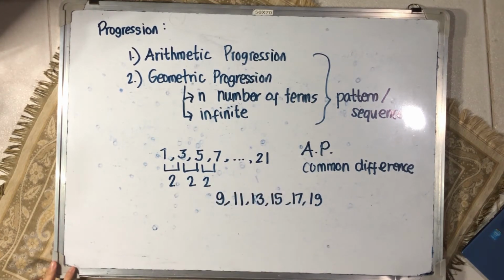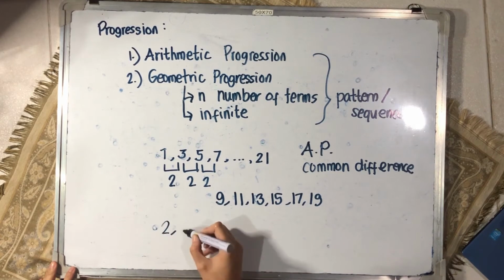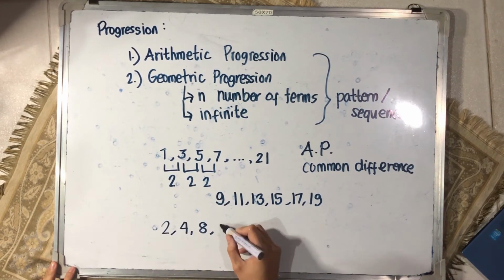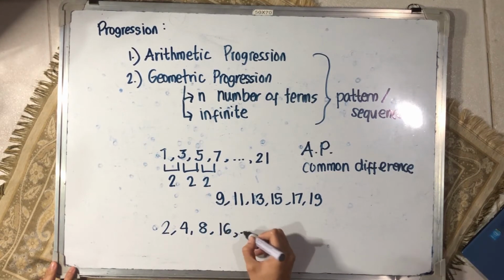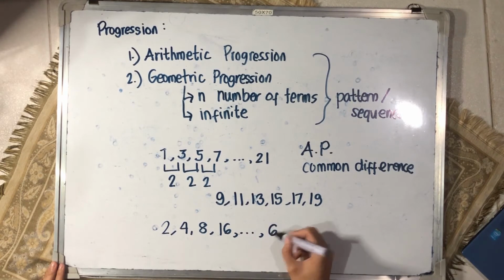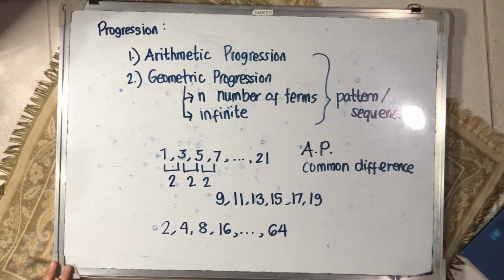Same with our geometric progression naman. So, let's say, meron tayong 2, 4, 8, 16, and so on. Ayan, tapos, lagay natin merong 64 dito. Ngayon, ipapapredict sa atin kung ano yung nandito sa gitna, no, ano yung number na missing dyan. Check mo ngayon kung somehow meron ba siyang pattern na binibigay sa'yo, be it common difference ba, or let's just check, no?